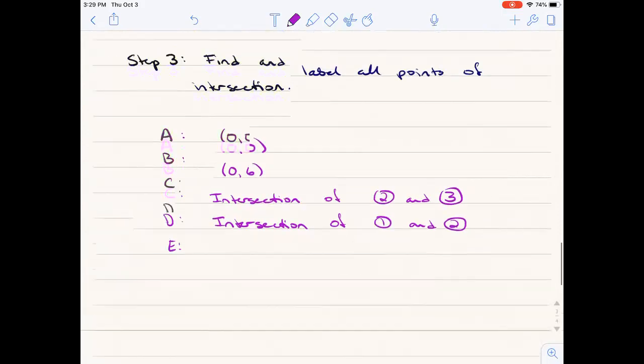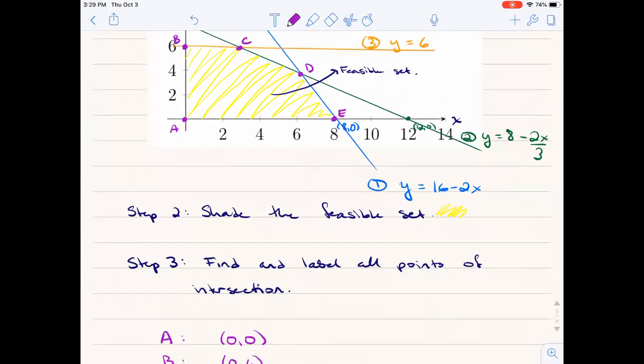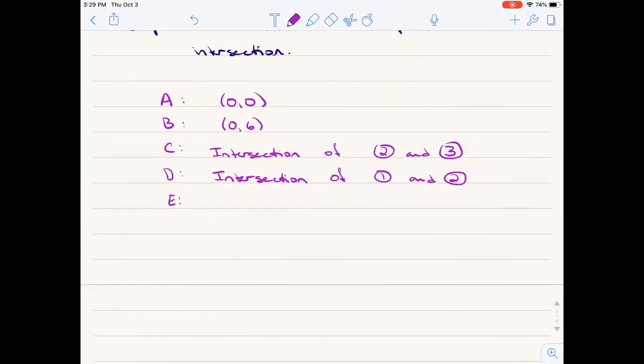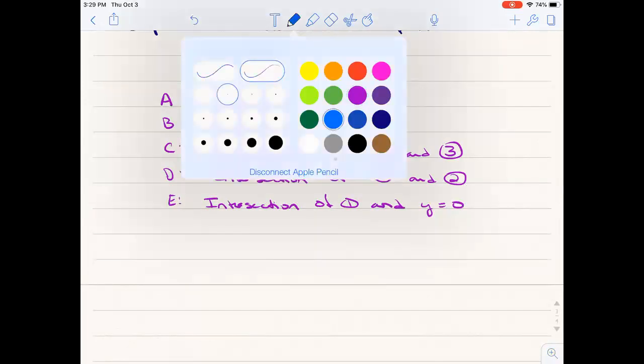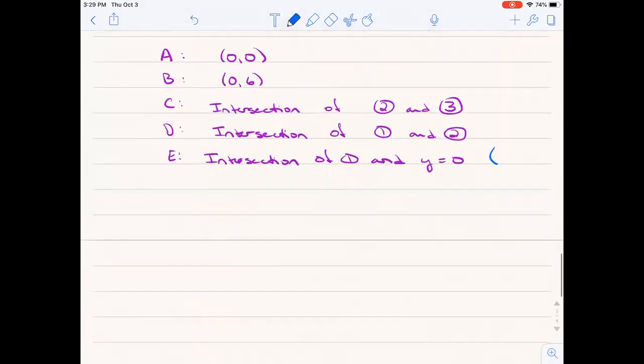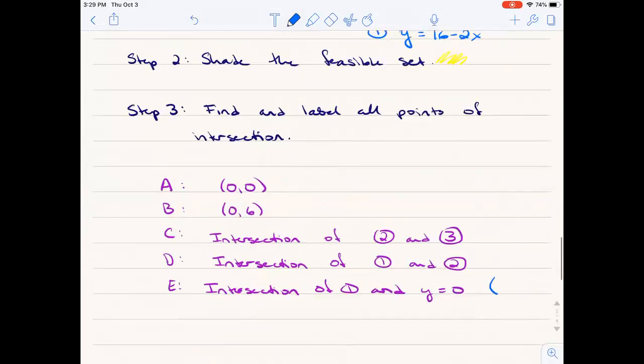And then E is the intersection of line 1 and y equals 0. We already solved for it, right? But in case you haven't, I'll write it down here. Intersection of line 1 and y equals 0, which we know because we already solved for it, was what, 8, 0?